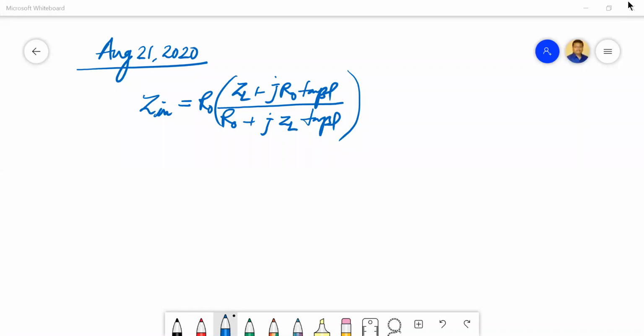It was a really important outcome from the quarter wave section analysis that you can transform your impedance from short to open, open to short. And for the half wave section, we have seen that the relation was Z_in = Z_L.